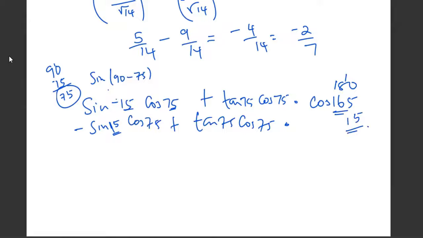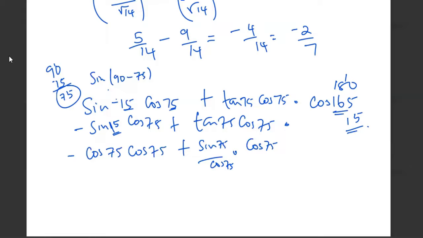Okay, so this gives me cos of 75 again, plus, you know that tan 75 is the same as sine 75 over cos 75 multiplied by the cos of 165. We said this is going to give us 180 minus a 15. And if it's a cos, it's going to be a negative cos 15. Okay, negative cos 15.